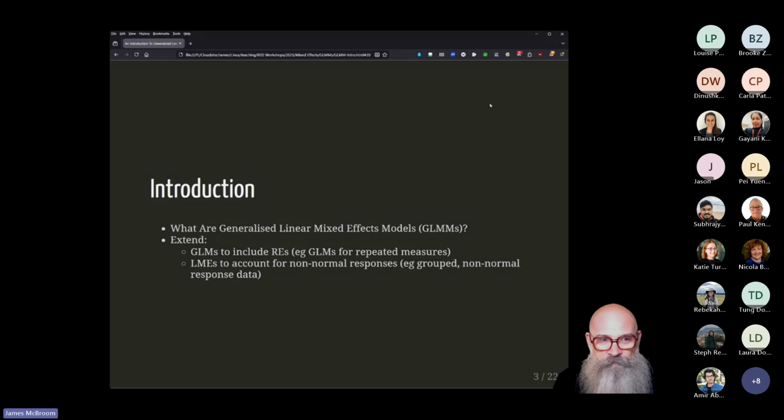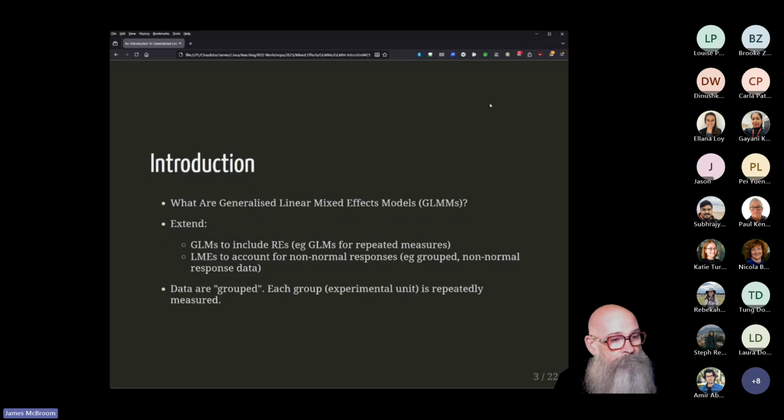Things like, as I've mentioned before, the binary, the binomial, Poisson, negative binomial, zero inflated models, zero inflated Poissons, hurdle models. They all can potentially fit into this framework. So GLMMs are the most flexible framework of model that we've dealt with in at least my set of workshops for RED last year and this year.